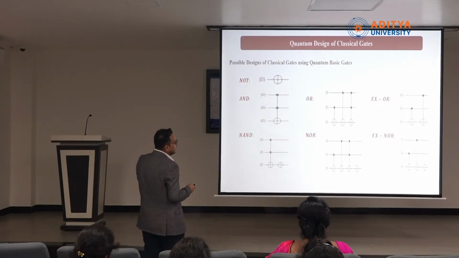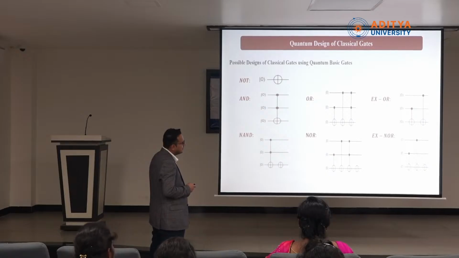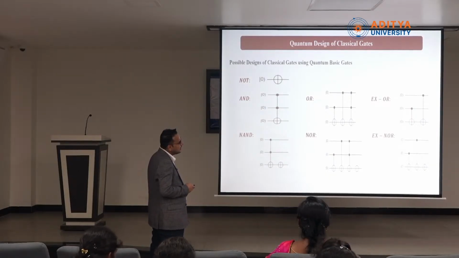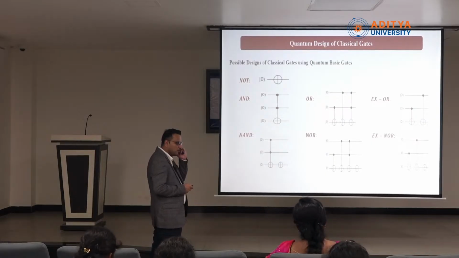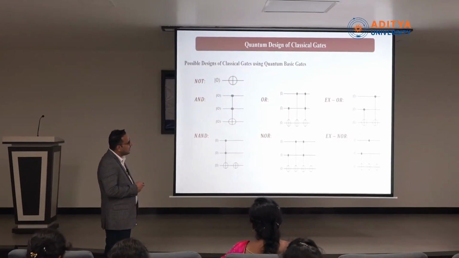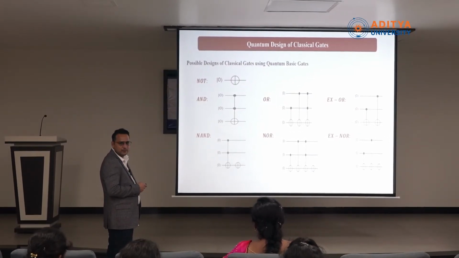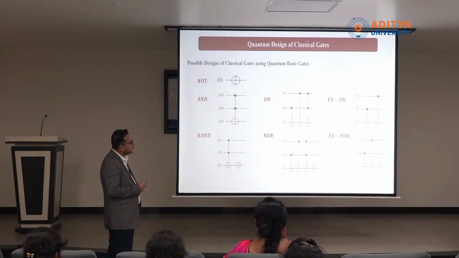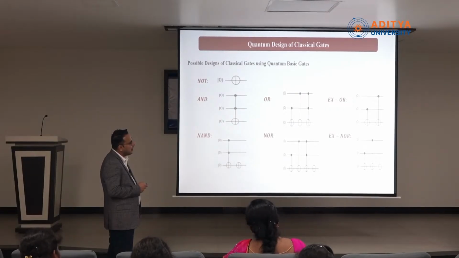Just check it here. If we assign 0 here, 0 here, both are 0. In that case, nothing would be selected and there is no operation, so the output would be 0. Clear? Agree? Now here LSB is 0, this one is 1. So for 0, 1, at the upper qubit wire there is no impact.